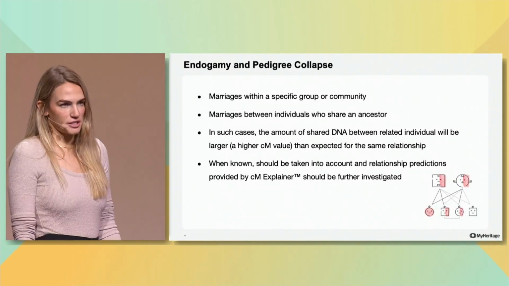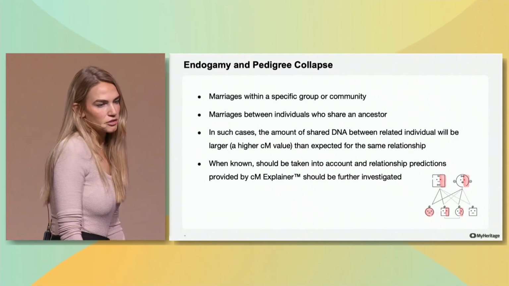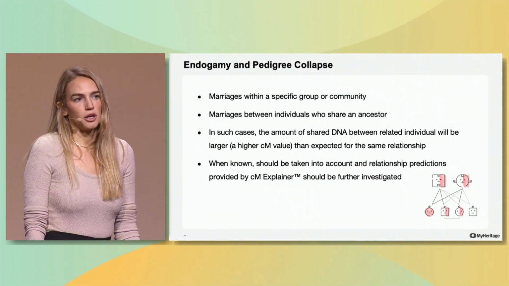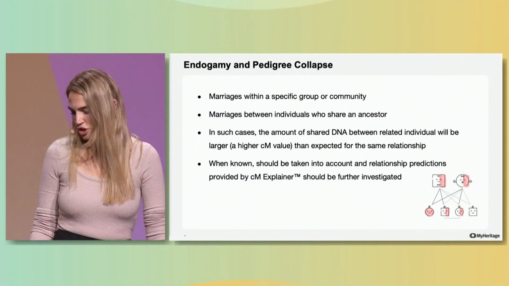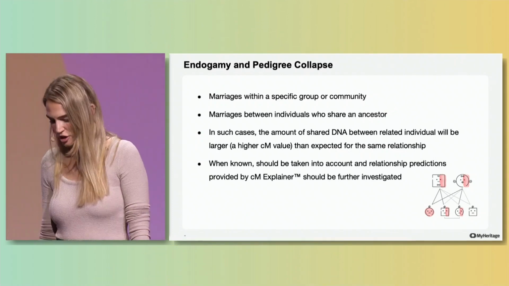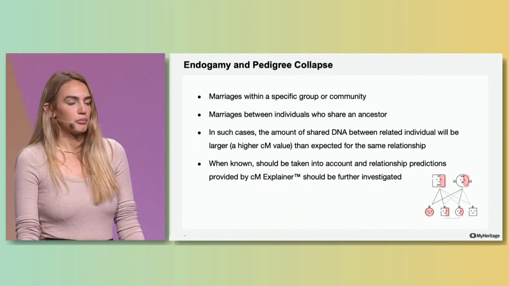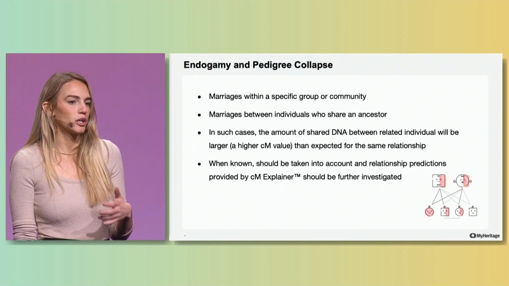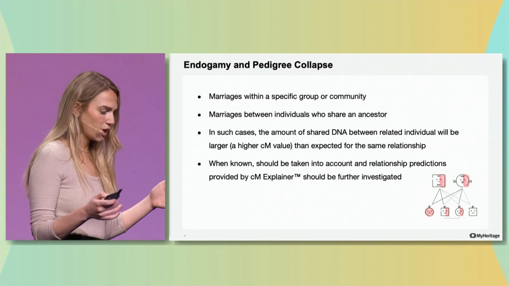There are special cases of endogamy and pedigree collapse. Endogamy is usually when there are marriages within a specific group or community. For example, Ashkenazi Jews have a lot of endogamy in this ethnicity group. And pedigree collapse happens when marriages between two people inside the family have a common ancestor.